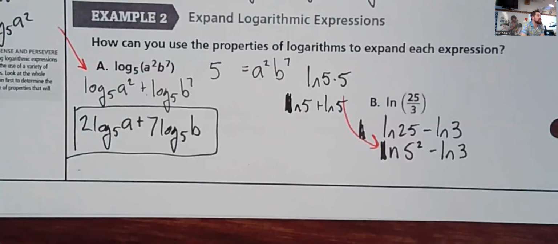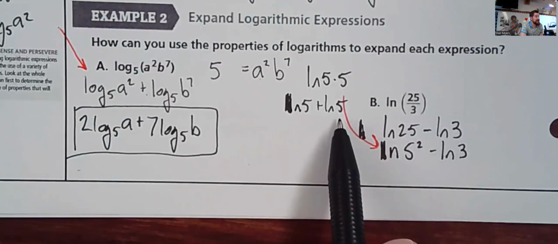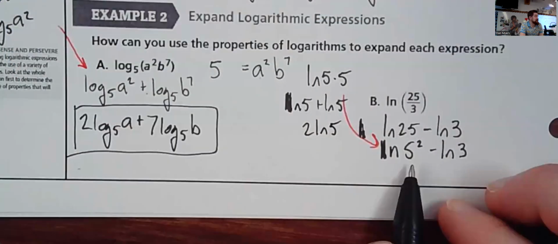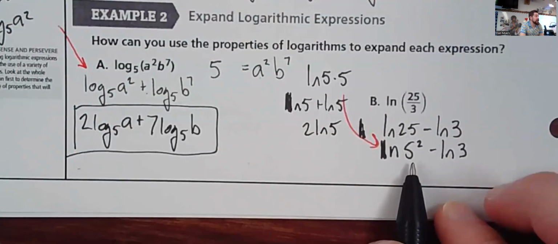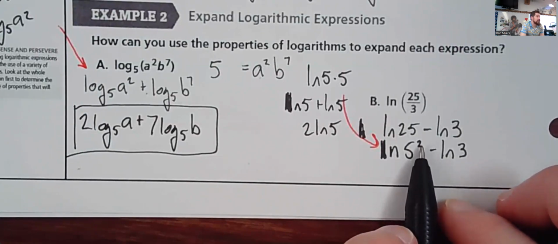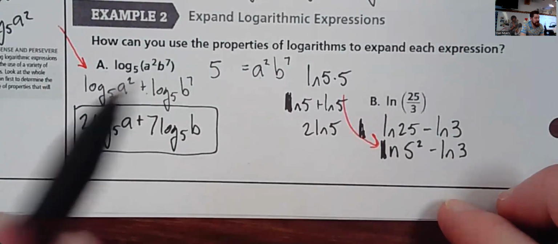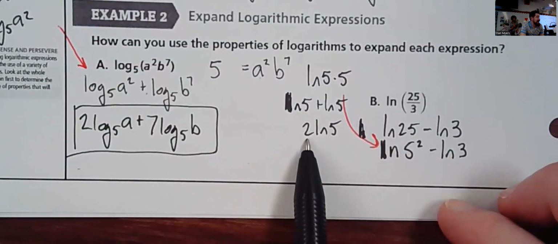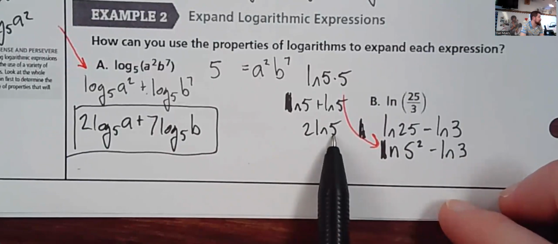Using the product property for logarithms. How many ln 5s are right here? There's 2 of them, right? So this would be 2 ln 5. So the shortcut here is, if that argument is taken to an exponent, that exponent is how many times you are adding the logarithmic form together.